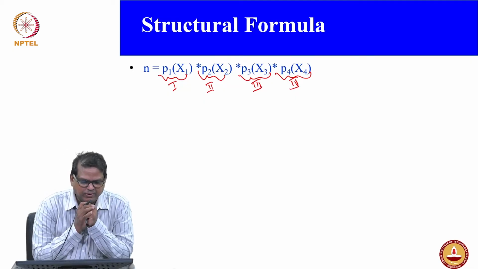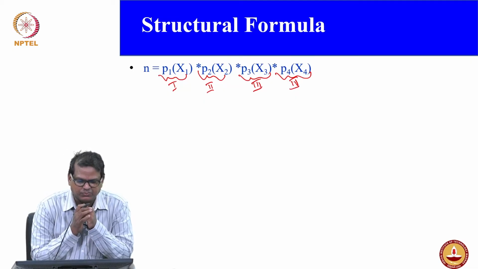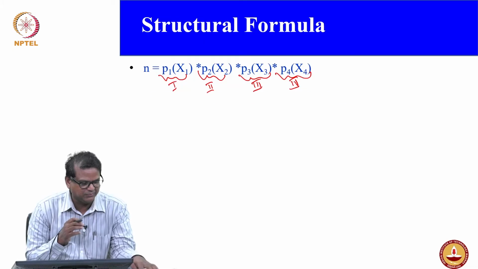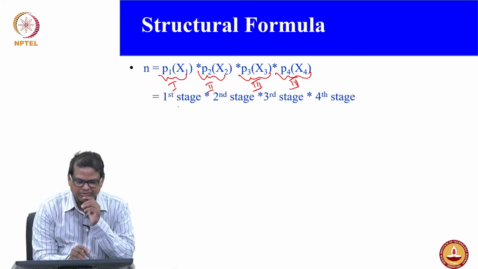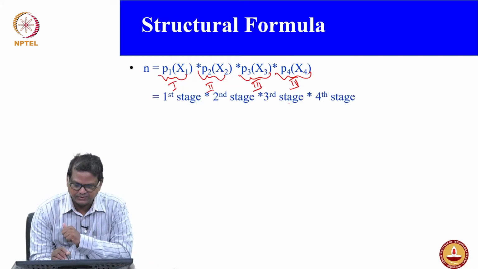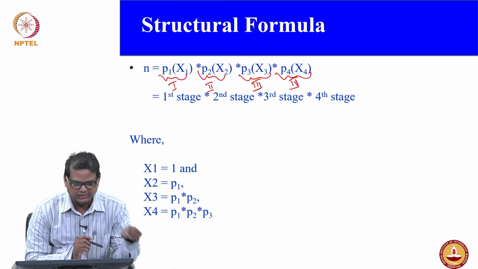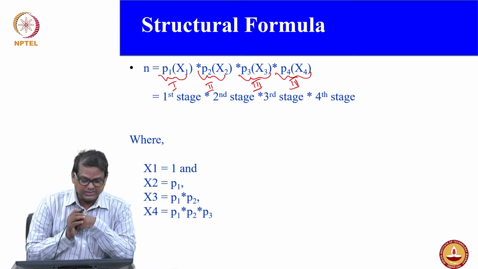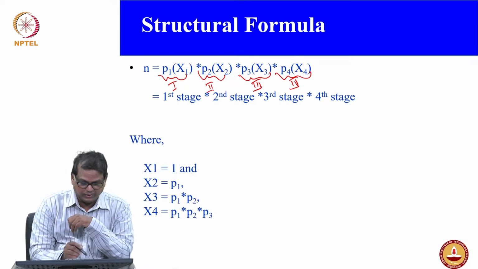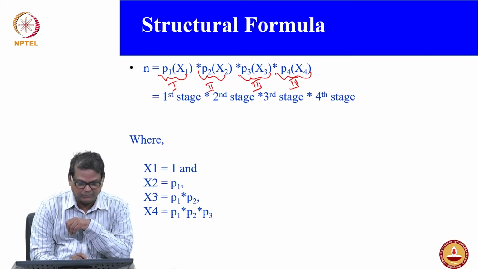So, we may wonder what P1 x1 and P2 x2 are, right. If you look at it, first stage, second stage, third stage and fourth stage, where x1 equals 1, x2 equals P1, x3 equals P1 P2, x4 equals P1 P2 P3.